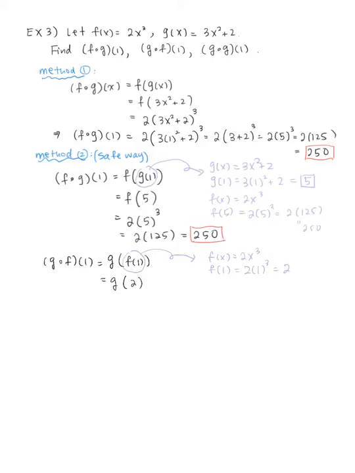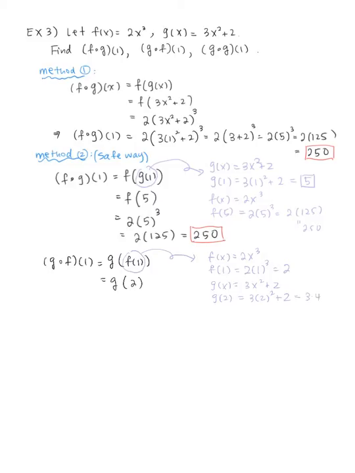Now this is telling you, look at function g of x, replace x with 2. So in this case, since our g of x is 3x squared plus 2, maybe I'll write everything out for you. g of x is 3x squared plus 2. That implies that g of 2 is 3 times 2 squared plus 2.